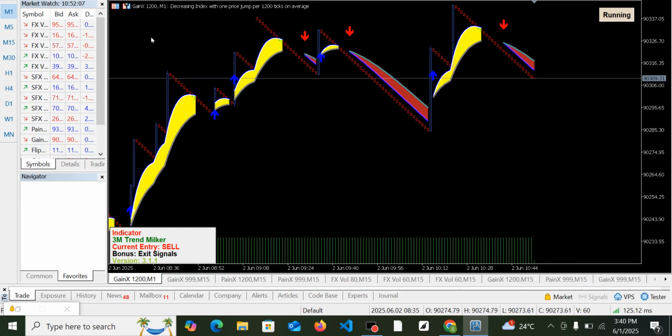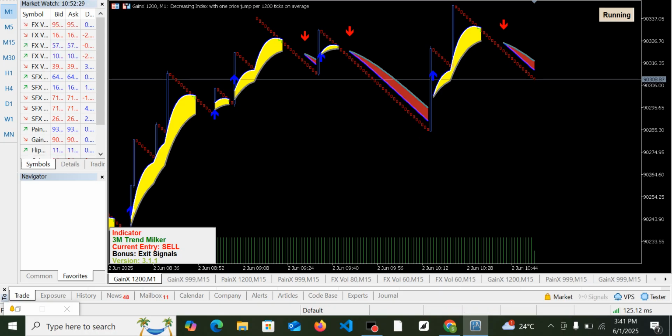This is GainX. For GainX, you can see all these red candles. You can see that they are very small. It takes time to create all the red candles before giving out a shoot like this. You can see this.